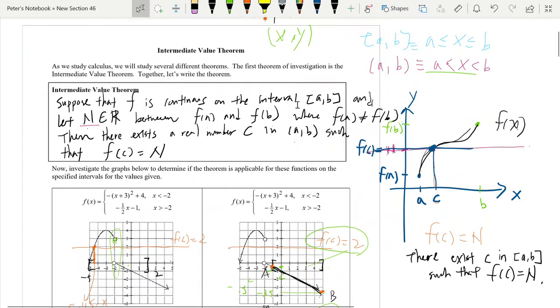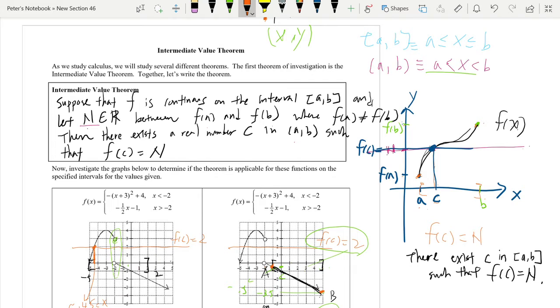The main gist of this intermediate value theorem was basically, given the interval AB, so from a and b, if I have a defined value at x equals a, f of a, and a defined value at b, f of b, and let's assume this function is continuous from that point to that point on.